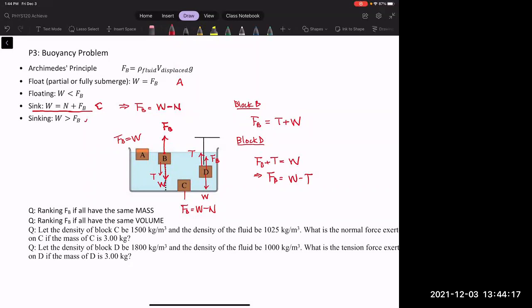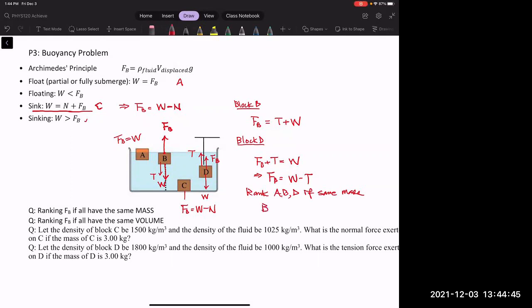So if we rank A, B, C, and D, if they have the same mass, then which one is the largest?